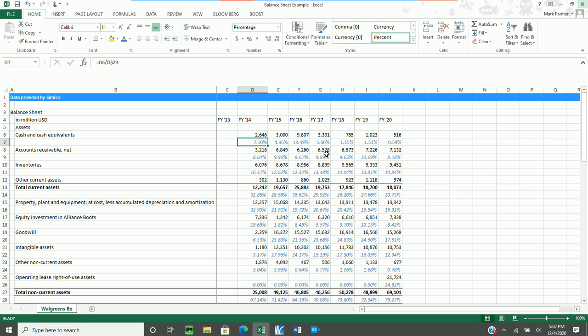Then what's also interesting is you can see that cash number is very, very high, 5%, 1%, 1%, now down to 0.59%. So cash has dropped. And what does that tell you? That tells you that there needs to be something done to raise those cash levels for Walgreens at this point in time.